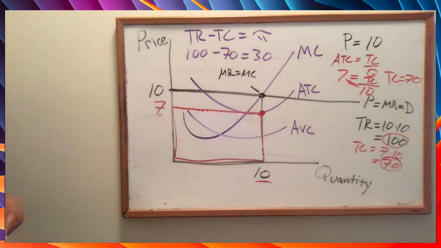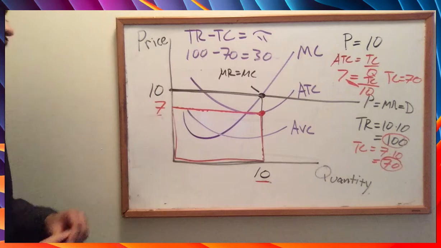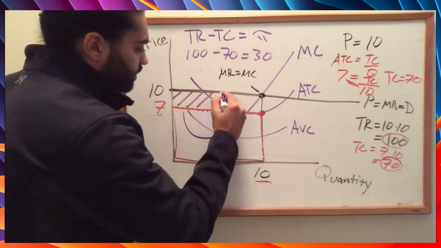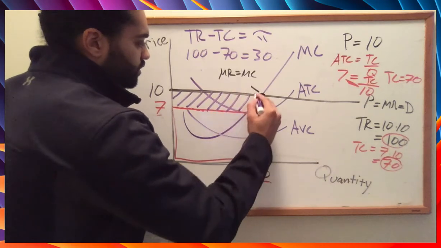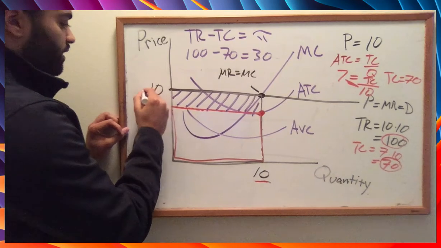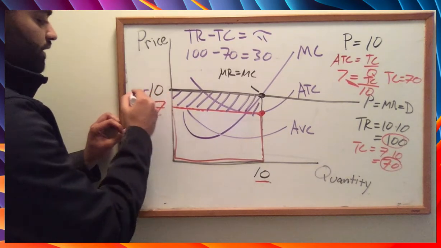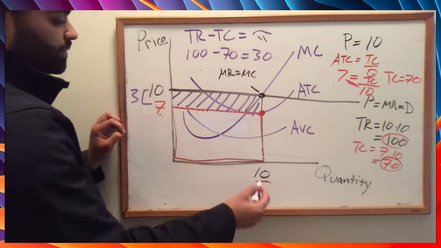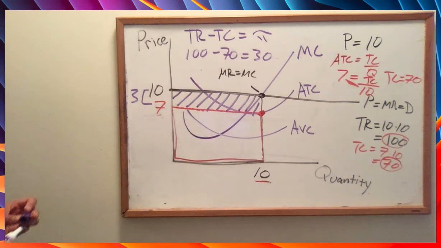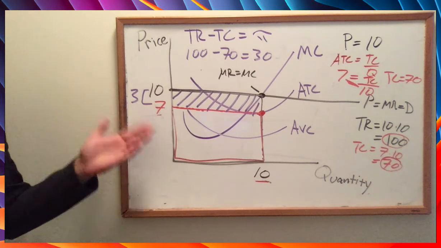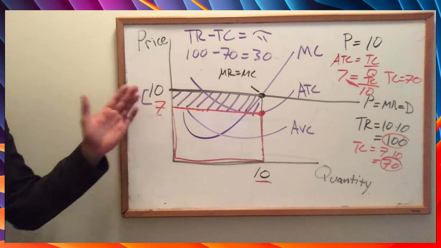Or another trick is, if you want to bypass doing total revenue and total cost, you can just find the area of this top rectangle. This will be your profit. So again, we can do the math. The difference between 7 and 10 is 3. And then the length here is 10, so 3 times 10 is 30 as well. So this is an example of how to calculate your revenue, your total cost, and your profits just through this.